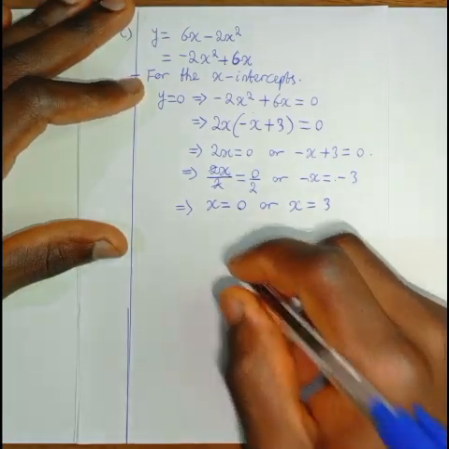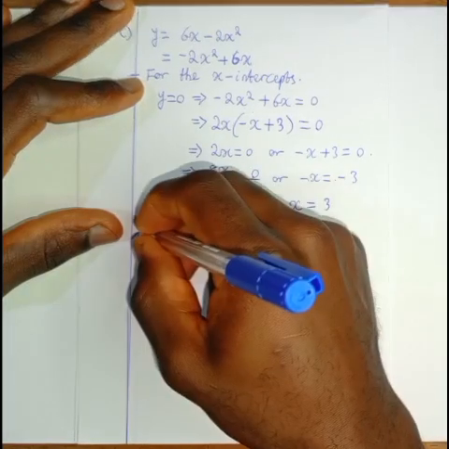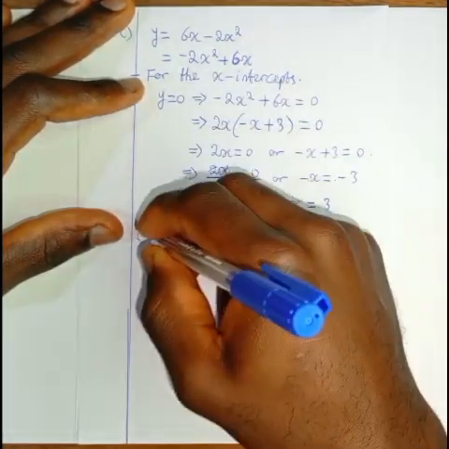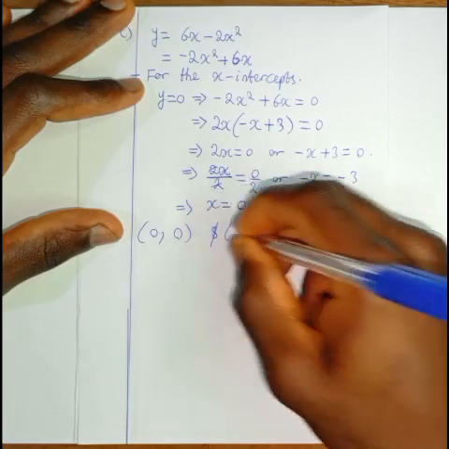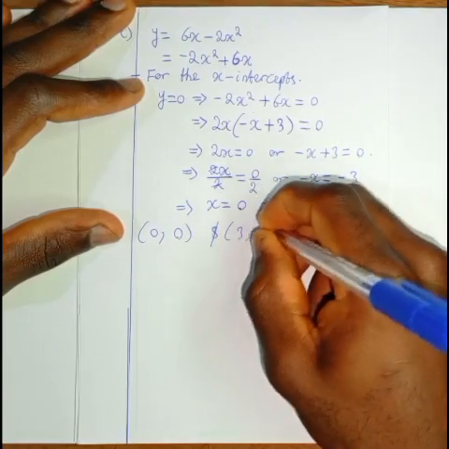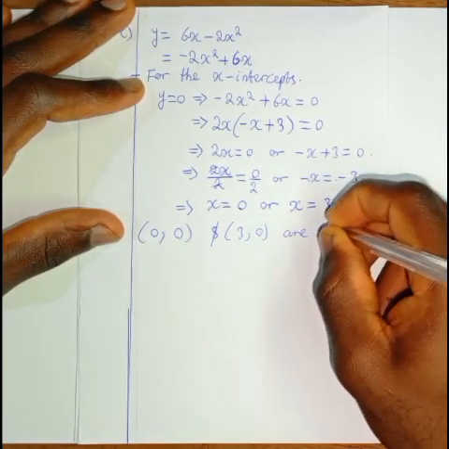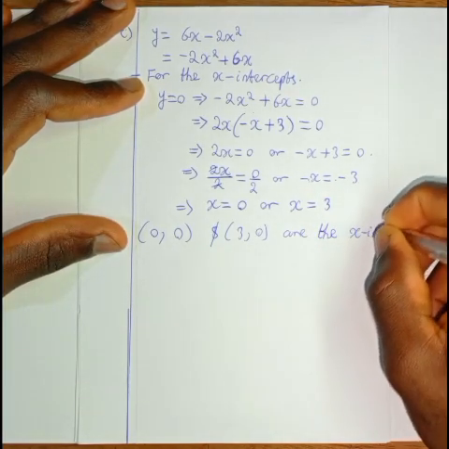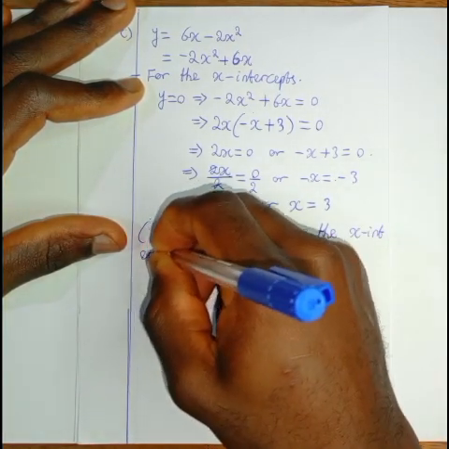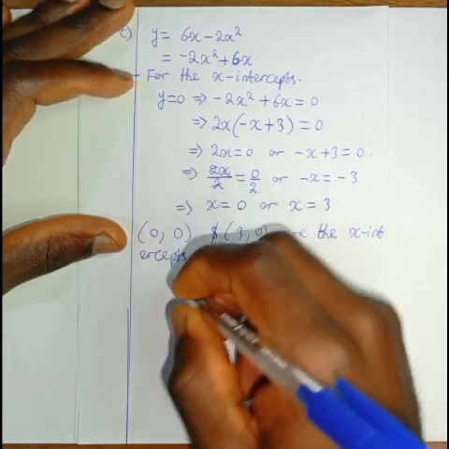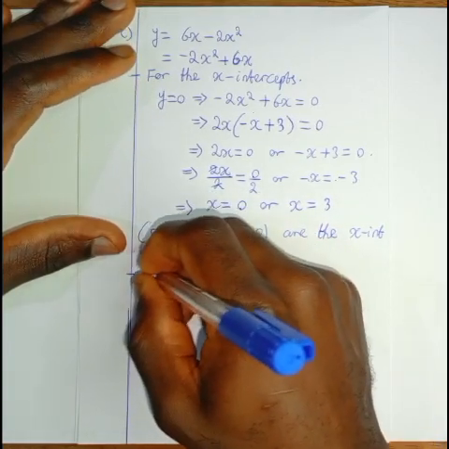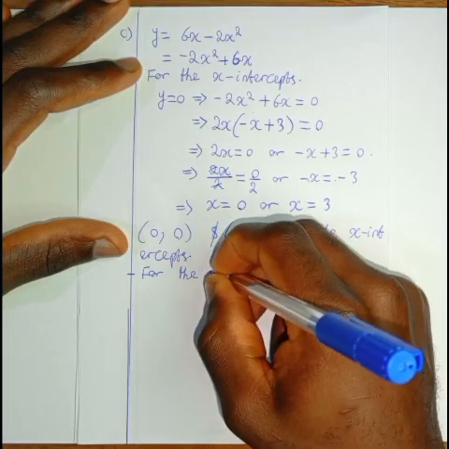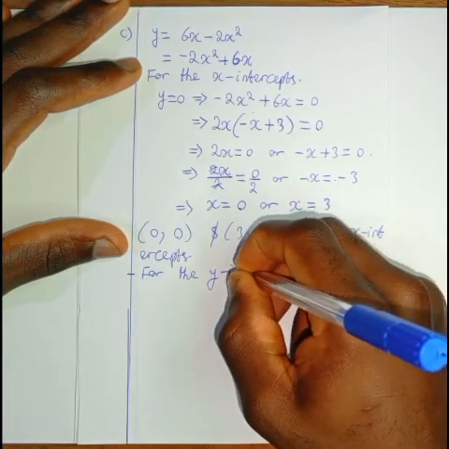Now we are going to write down our intercepts. We have points 0, 0, x is 0, y is 0, and we have 3, 0, the x-intercepts. Now the next thing, we need the y-intercept.